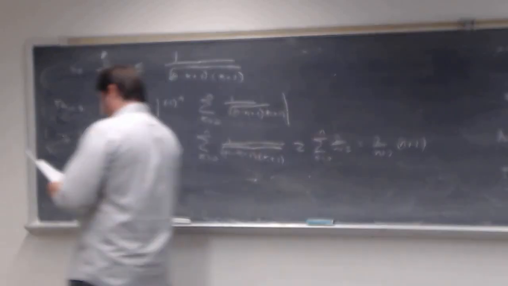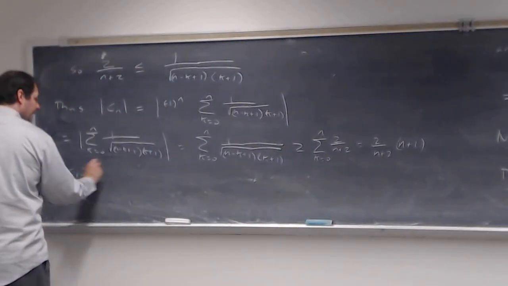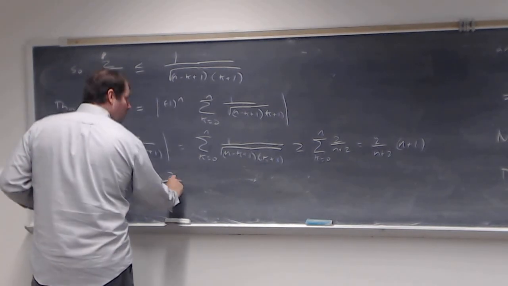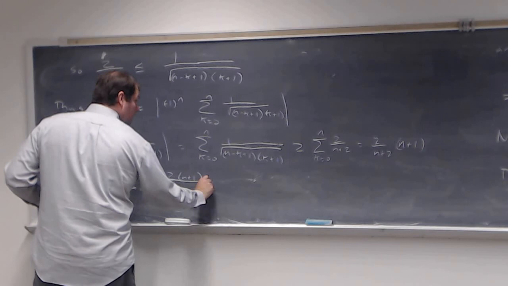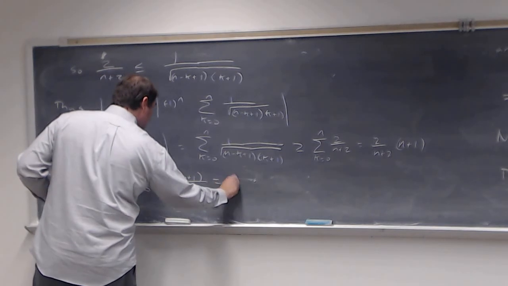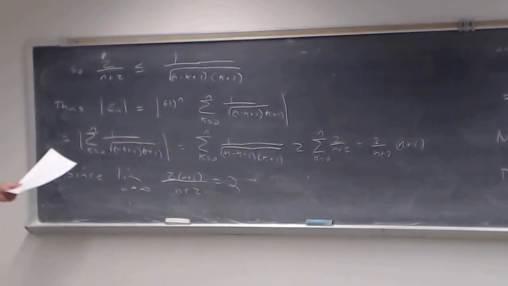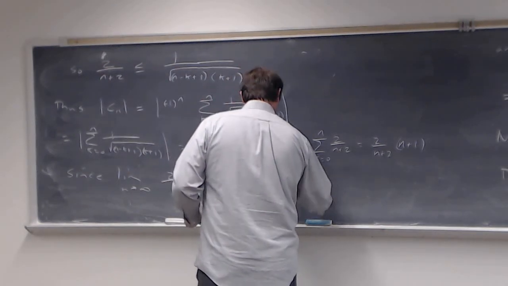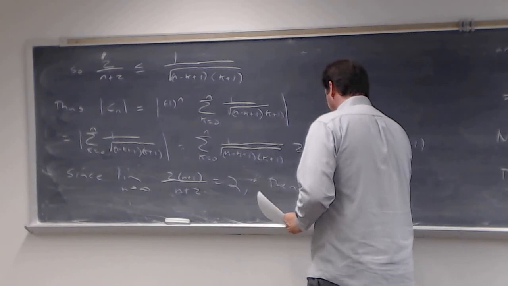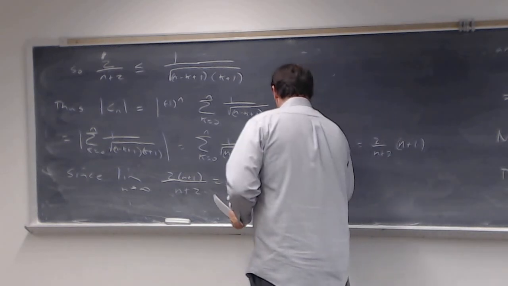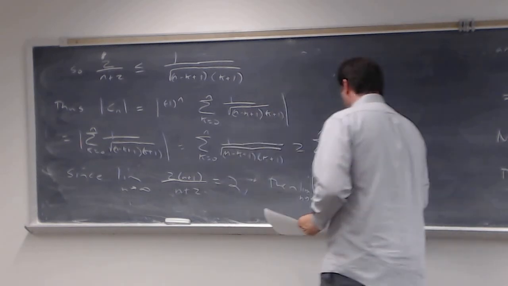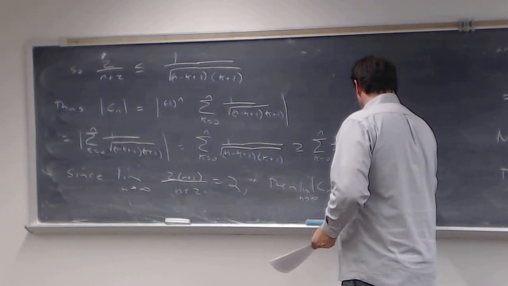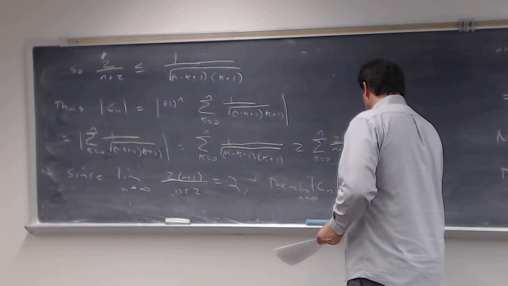Okay? Now, if you know that the limit as n goes to infinity of 2 times n plus 1 over n plus 2 is going to be equal to 2, if you use L'Hopital's rule to get it, then that means that the limit of the norm of the c sub n's as n goes to infinity has to be bigger than, even if it converges, bigger than that 2, so it cannot be equal to 0.